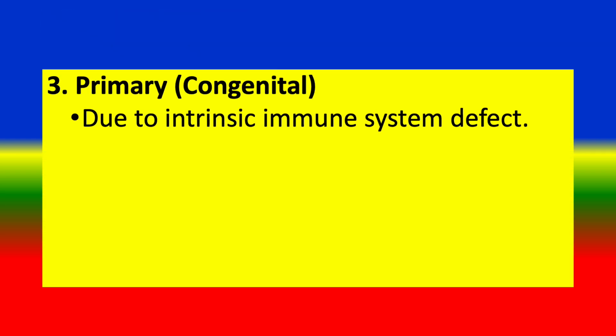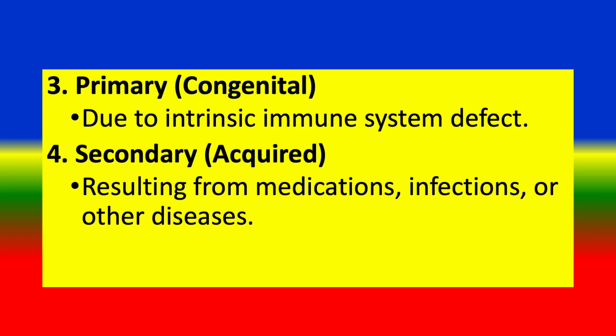Primary: due to intrinsic immune system defect. 4. Secondary acquired: resulting from medications, infections, or other diseases.